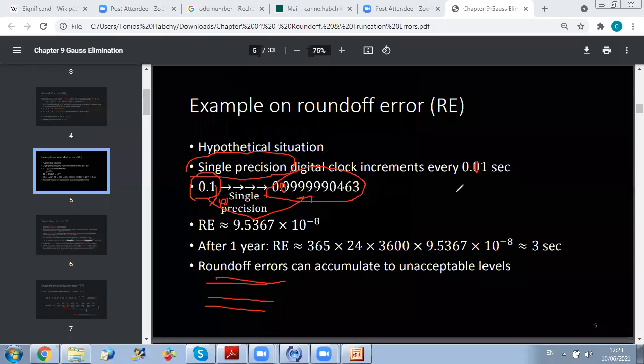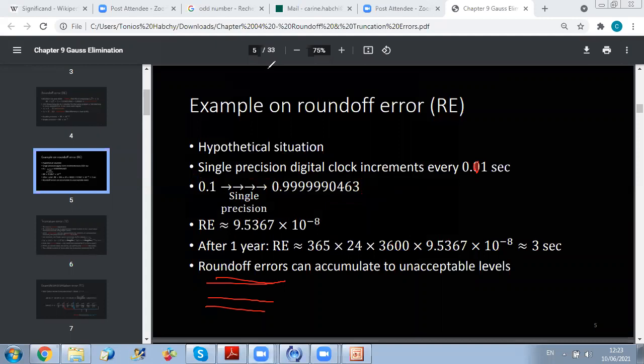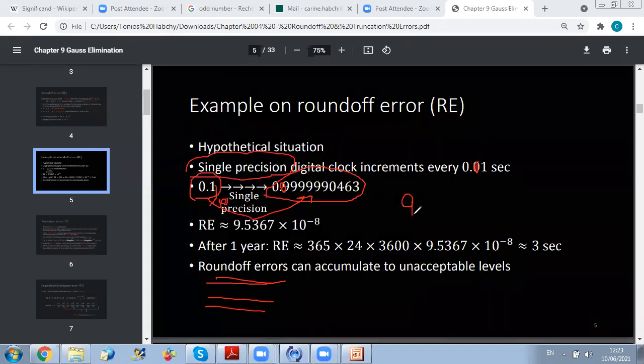On your calculator you can put numbers, let's say 9 plus 5, and it will give you 14.